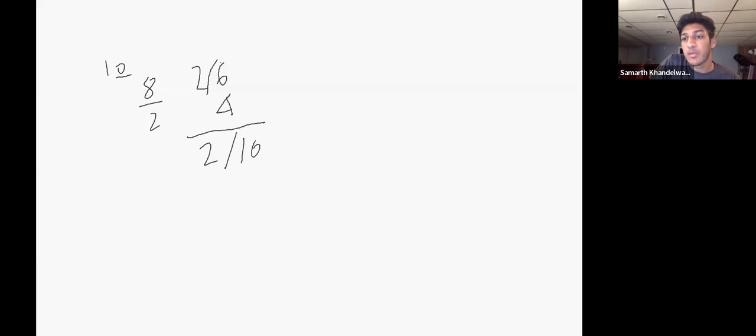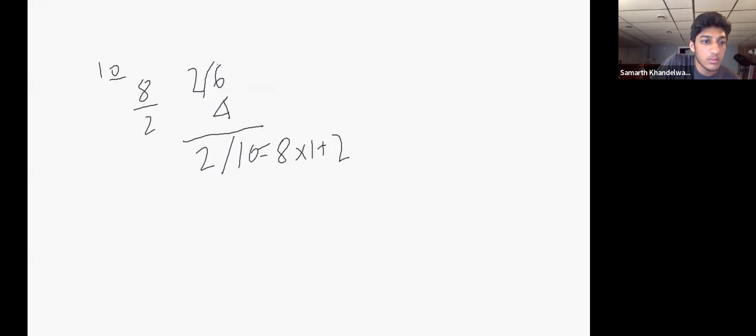So we want to subtract out the multiples of 8 from 10 and carry it over, right? So we carry over a 1 from here because 10 is equal to 8 times 1 plus 2. That's what 10 is equal to. And so you're going to carry this 1. I'll make that a little bit more clear. That becomes a 3. And the remainder left is 2. Okay?